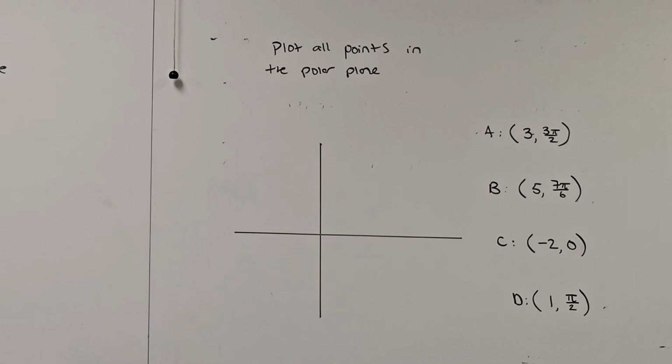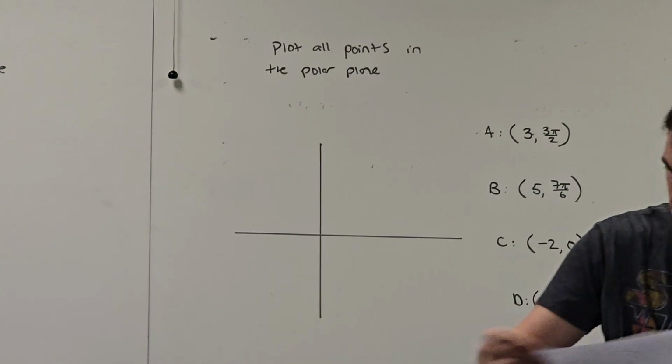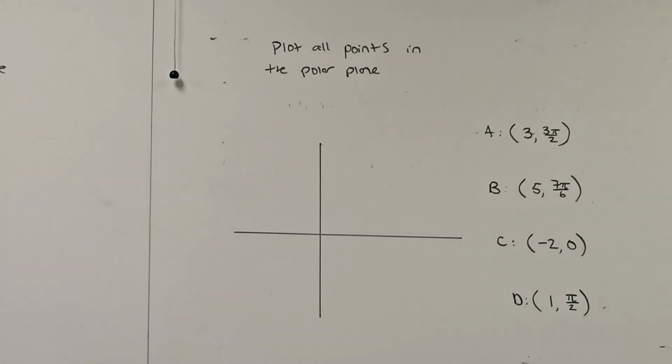Not 2 pi. No, 3 pi over 2 is way down here. How's that going to work? Oh, so it's 1, 2, 3. 3 pi over 2. It's here.